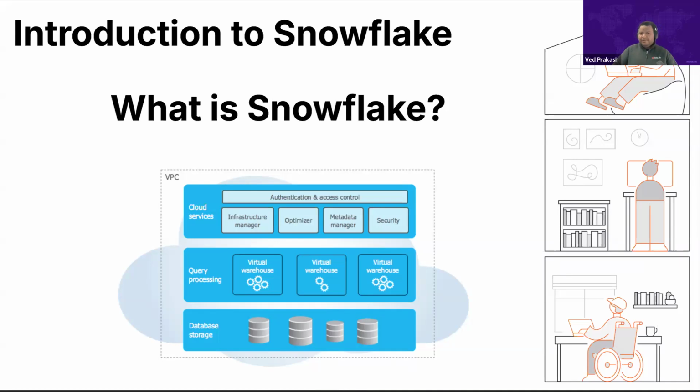Snowflake has out of the box features like separation of storage, query processing, and the service layer. This diagram is one of the unique things that came up when I first saw Snowflake.